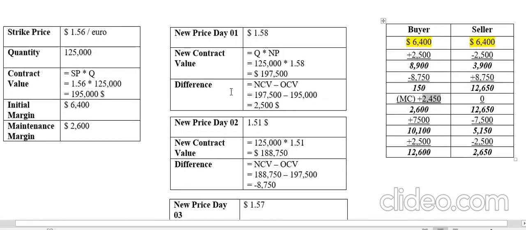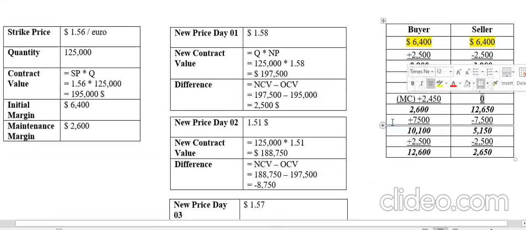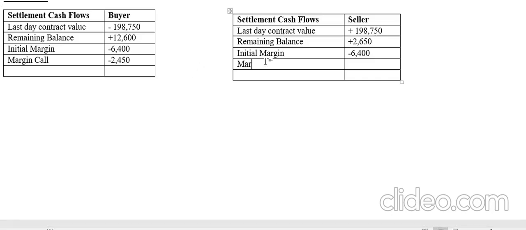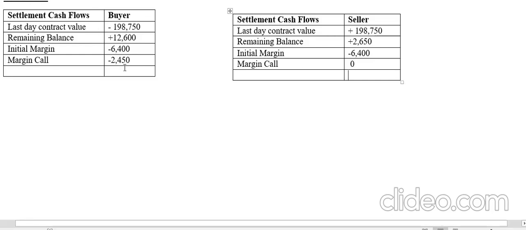This was the money brought by the buyer. And look at the seller side, zero money was brought. So remember that zero. As the buyer brought it, it would be a cash outflow for the buyer, 2,450. Whereas for the margin call of the seller, the seller brought zero, so it will be zero. He did not bring anything.